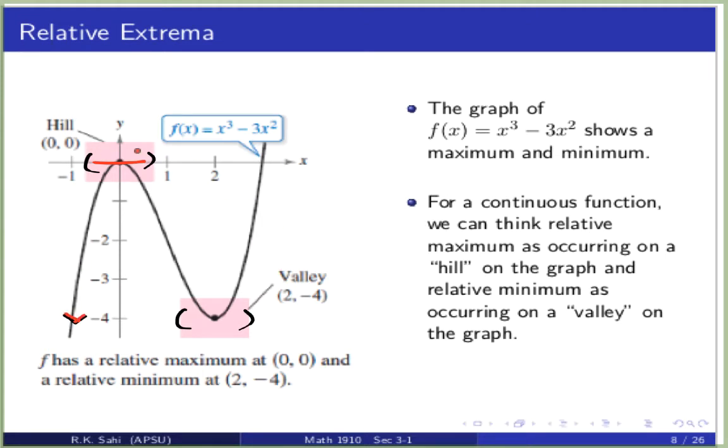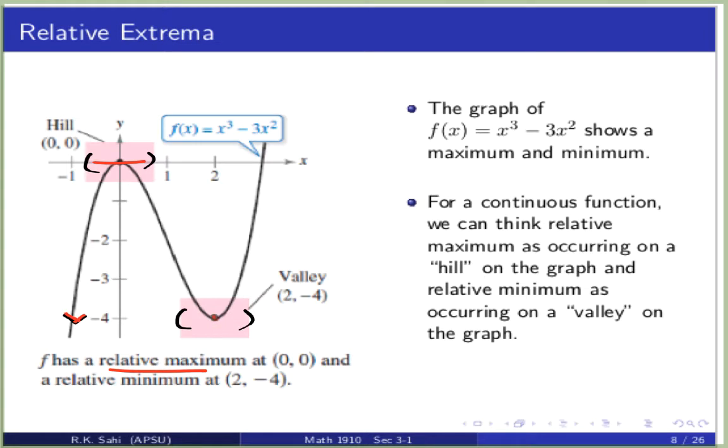But in the small intervals, you notice it has a relative maxima at (0, 0) and a relative minima at (2, -4). That is a very important concept. Also, at the maxima, the values of the function nearby are all less than the value of the function at the point (0, 0).